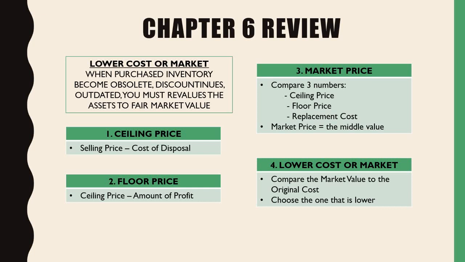That's all I need you to be able to recognize here. So once again, we have the formulas to solve for the lower cost of market, which is solving for the ceiling, the floor, the market, and the lower cost or market. Any questions?